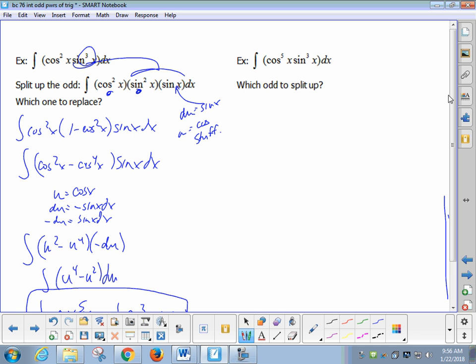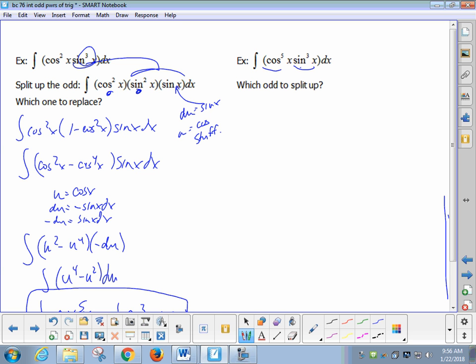Finally, when there's one odd, then it's easy to know which to strip off to get the du from. But if they're both odd, you really can't go wrong because you could strip off a single from either one. In the interest of all our work looking the same, which one do you want to pull a single off of, the cosine or the sine? If I do it up here, then I'll have sine squared, and that's ready for identity.